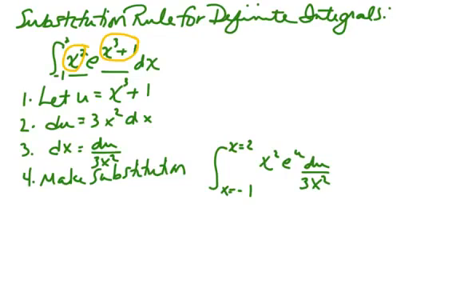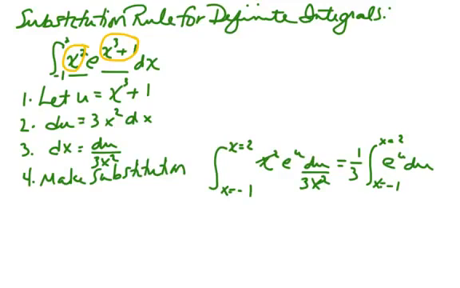So we have a couple things going on here. We have the constant that we need to account for. So I'm going to pull out the 1/3 and rewrite this integral. That's going to cancel out as e to the u du. But we've got a mix of variables here.